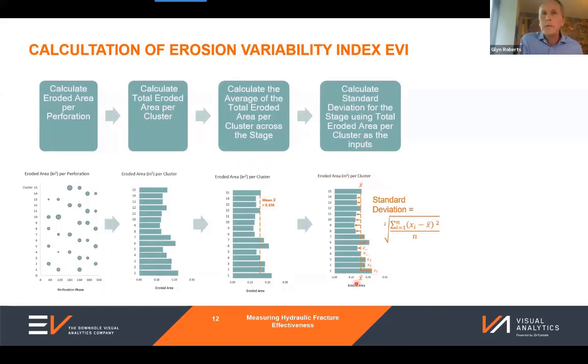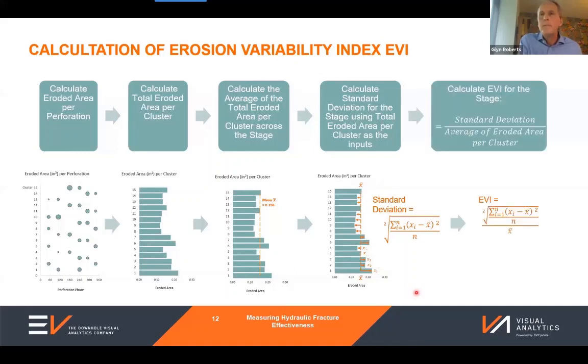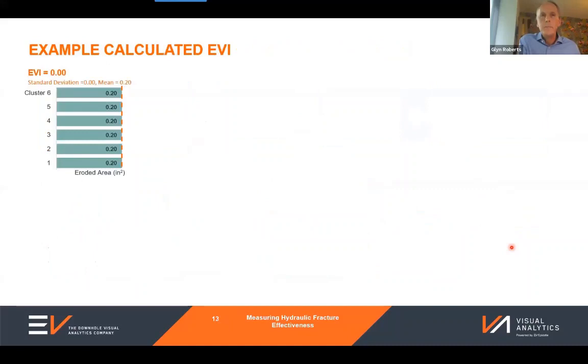Any bit of statistical numerical software, Excel is what I prefer to use, will make this calculation easily for you. And then finally, we divide that standard deviation by our mean to get our EVI number. Okay, let's try and dig into this EVI number and understand it a little more.